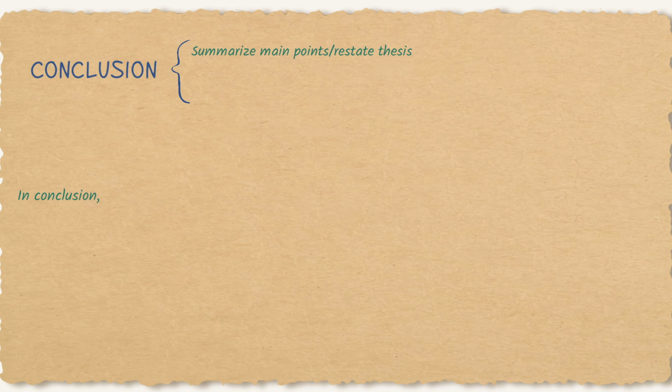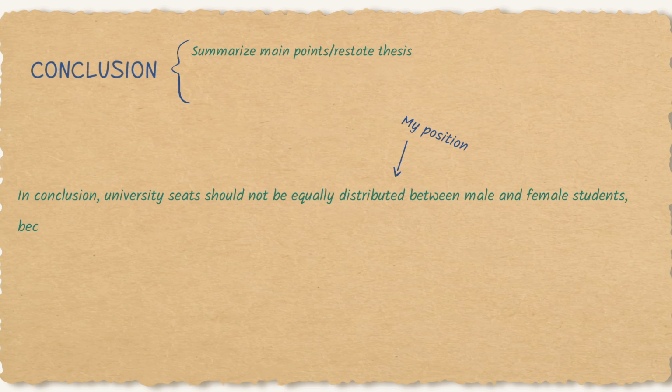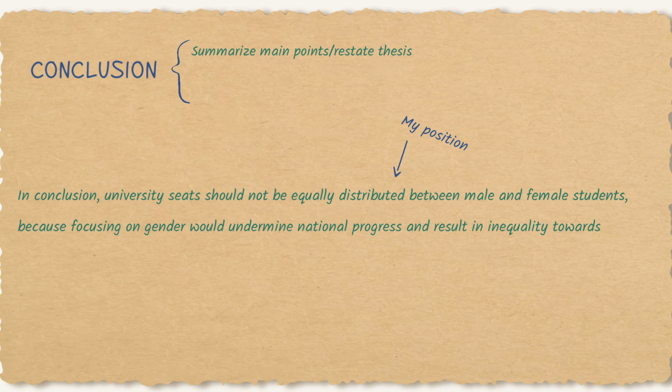In conclusion, university seats should not be equally distributed. This is my position, right? Between male and female students because focusing on gender would undermine national progress and result in inequality towards well qualified students. So, again, I mentioned my two main ideas and my position here in my conclusion.